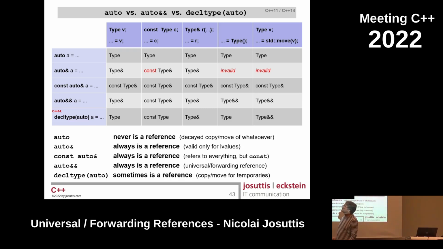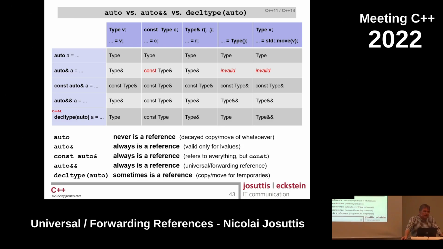So in generic code, we have a couple of different things when we use auto. Plain auto means a new object, a temporary object, or a new local object. Auto with an ampersand means we refer to something as it is, but you cannot bind this to an R value, so to a temporary object or an object marked with move.